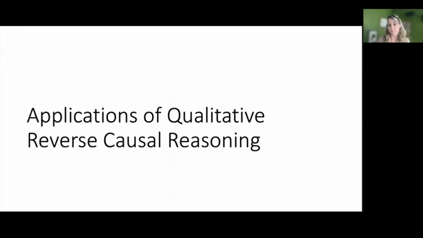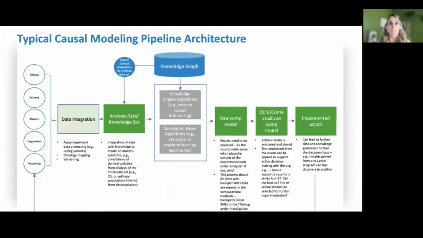Okay, so just some applications of this type of reasoning. First of all, let's review a typical causal modeling pipeline architecture. We may have different types of data here: clinical, DNA, RNA-seq, epigenetics, proteomics are probably the most common that I've dealt with.